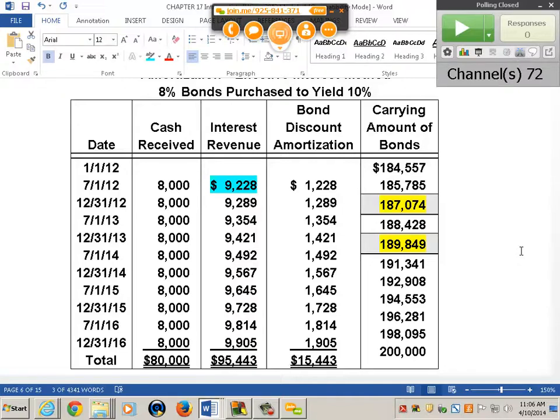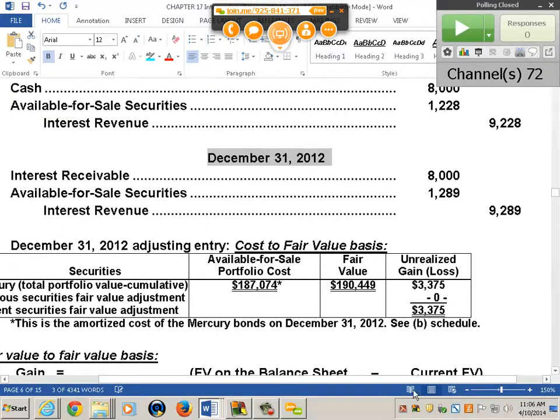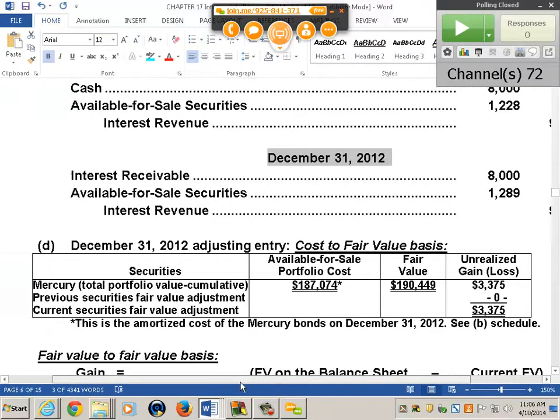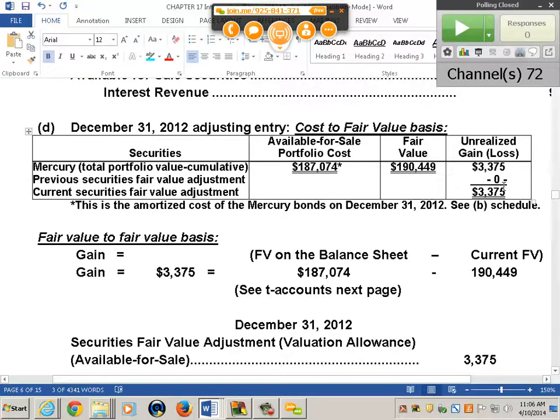Okay. All right, now, here's the real issue for us in this chapter. The real issue is the fact that this is now subject to mark-to-market accounting. This is a case of what we would call fair value that's going to be going through net income. The balance of the portfolio on December 31st of 2012 is 187,074.